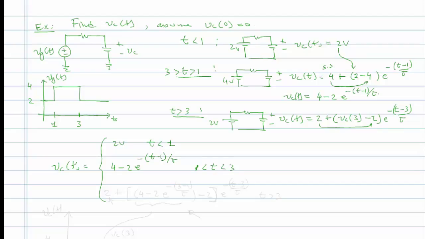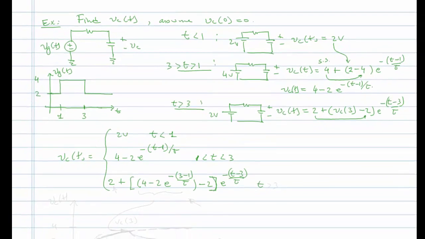And finally it will be 2 plus VC of 3, where VC of 3 is actually 4 minus 2 e to the minus (3 minus 1) over tau, that minus 2 volts, times e to the minus (t minus 3) over tau, for time greater than 3.